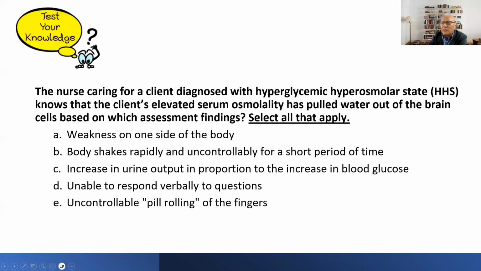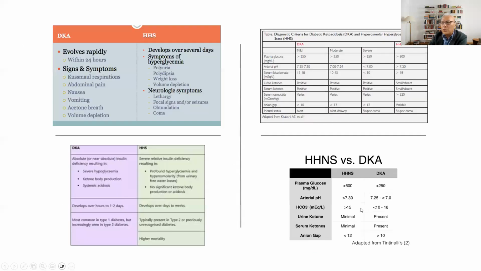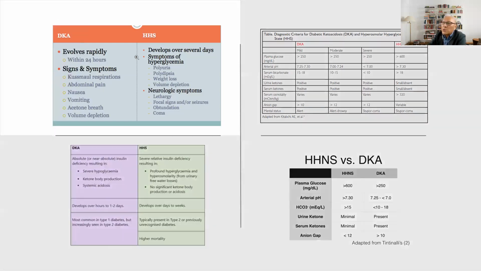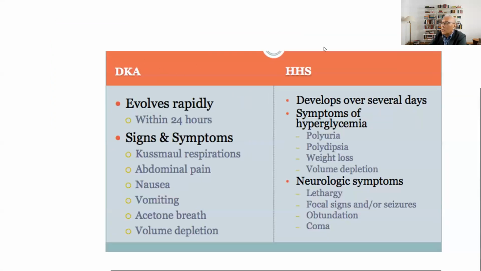So what's the difference between the two? Okay. So the difference between the two is this. Let me just zoom this in. As you could see, in patients with diabetic ketoacidosis, it usually evolves rapidly within 24 hours.